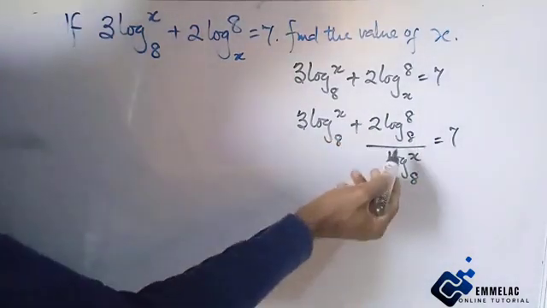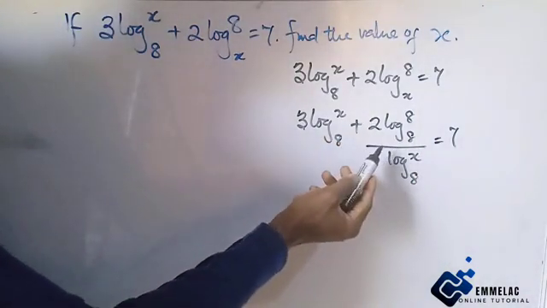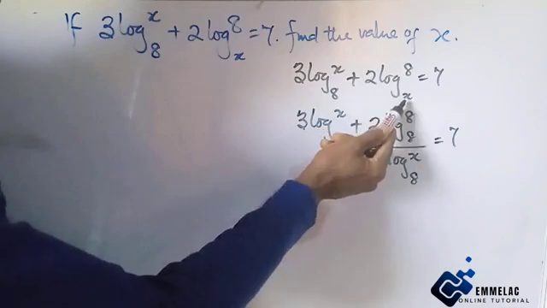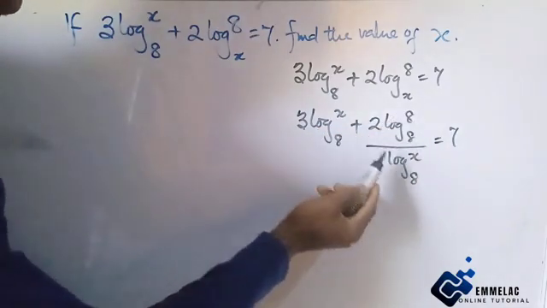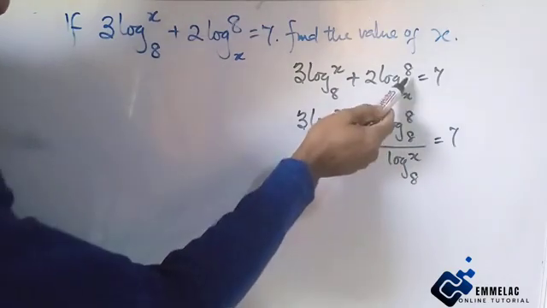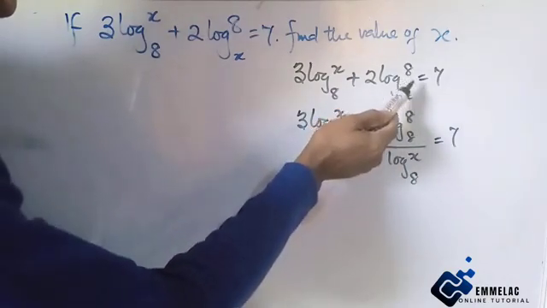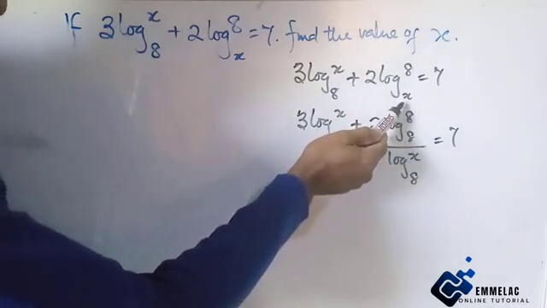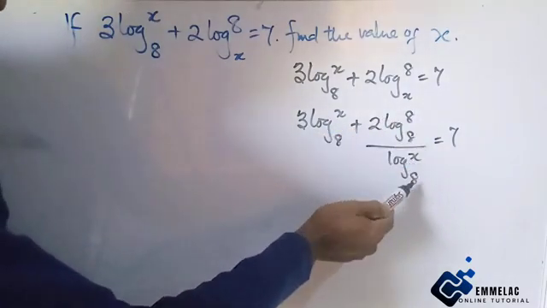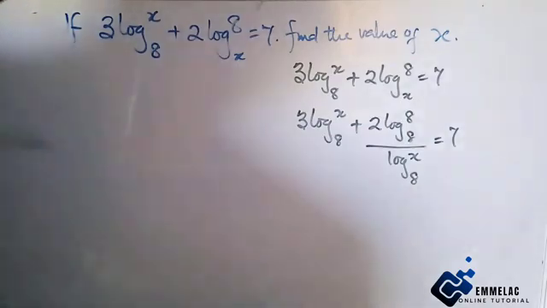Now with this, we've actually converted this x to a base of 8. So we take this base of 8 and make it a logarithm with the base of 8.